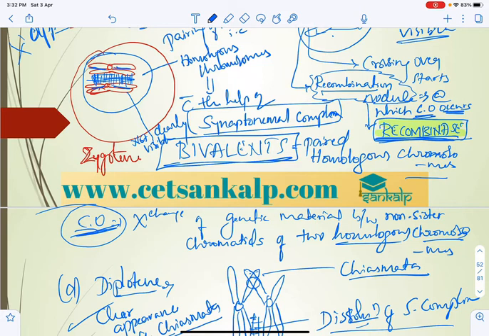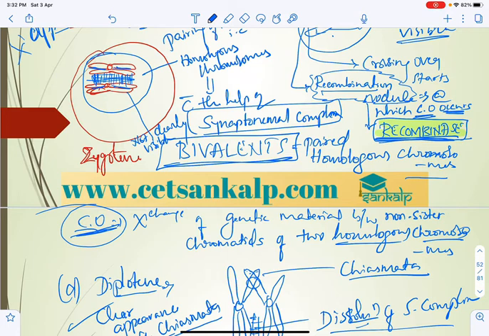And the synaptonemal complex, which helps in synapsis, is seen in zygotene. Crossing over takes place in pachytene, and chiasmata are clearly visible generally during the diplotene stage. So in pachytene chiasmata appear, in diplotene the chiasmata are clearly visible, whereas in diakinesis the complete terminalization of chiasmata occurs. Sometimes they may still be attached.